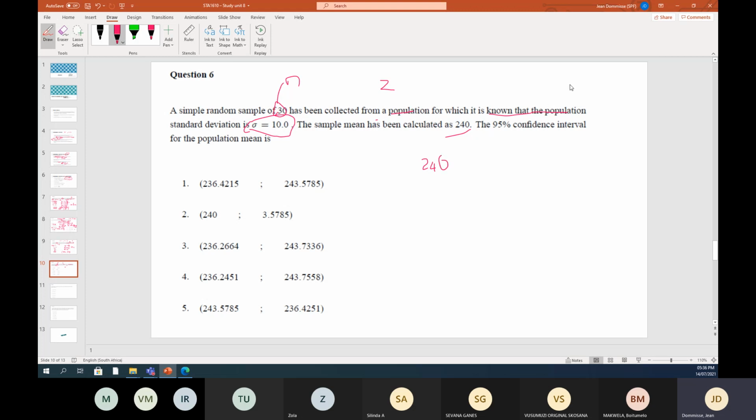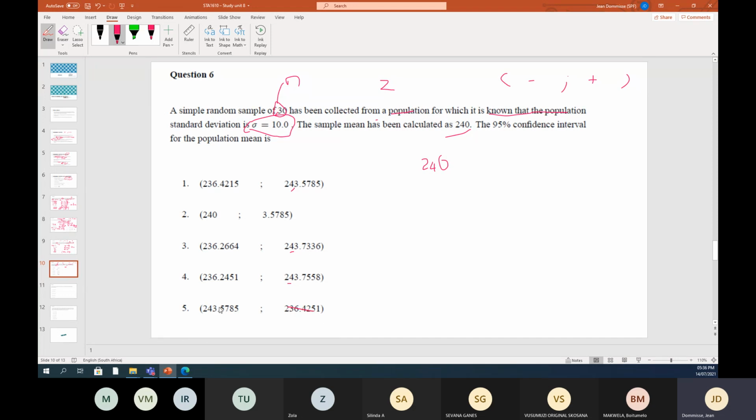Even before I go further, I know this one will be more than 240, and this one will be smaller than 240.